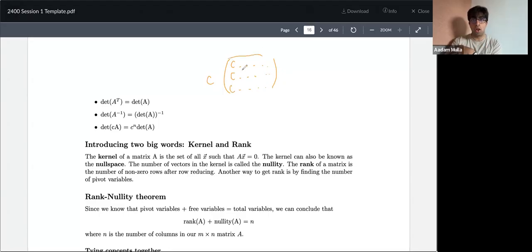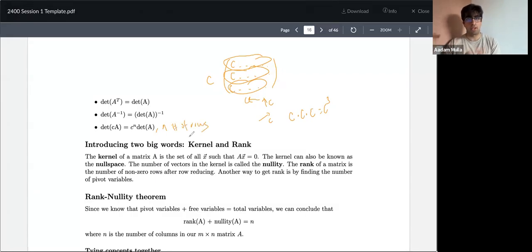So when you take the volume of the shape that's made with these rows, it's going to be C times bigger in each dimension. In 3D, that means you multiply by C, C, and C again, so you get C cubed bigger. So basically, depending on n, which is, sorry, I forgot to write it in the notes here, the number of rows, that's how much you're going to scale your determinant by.